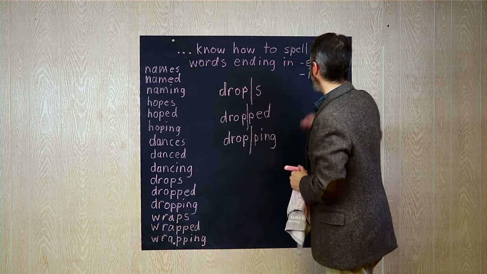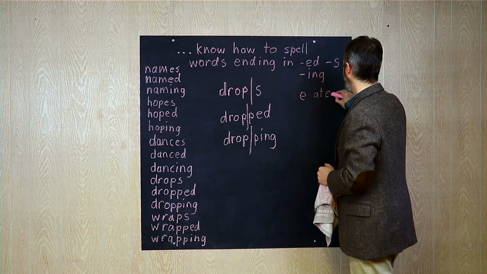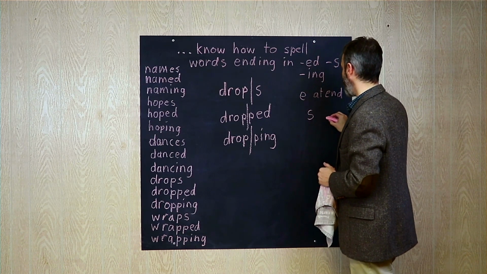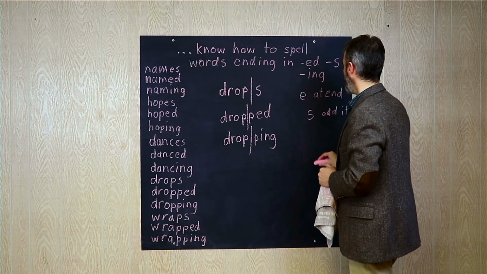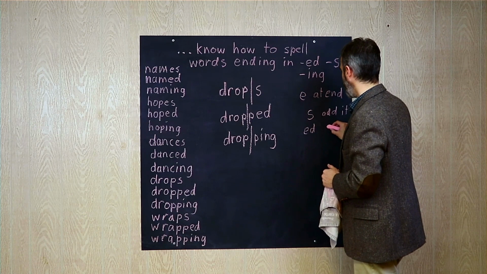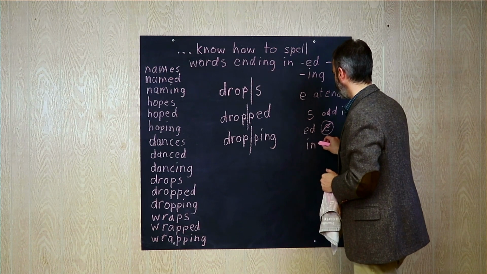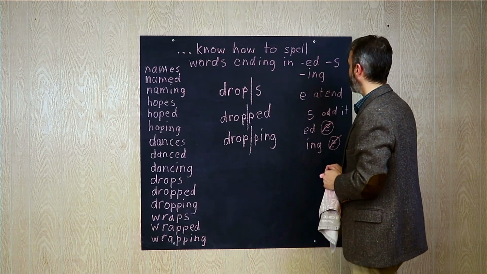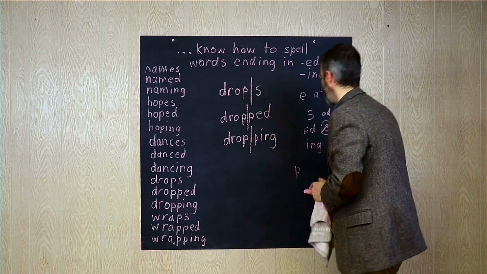So the rule is, if there's an E at the end, with an S, you just add the S. With an ED, you get rid of the E. With an ing, you get rid of the E. So if it's a consonant, here the P at the end is an example of a consonant.